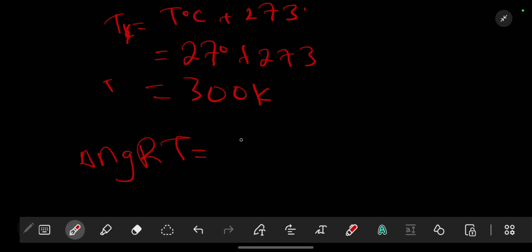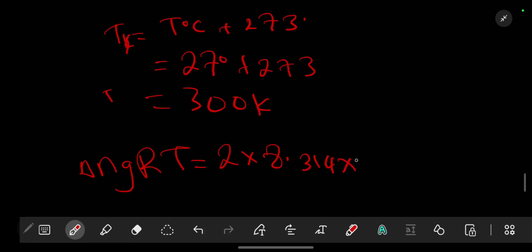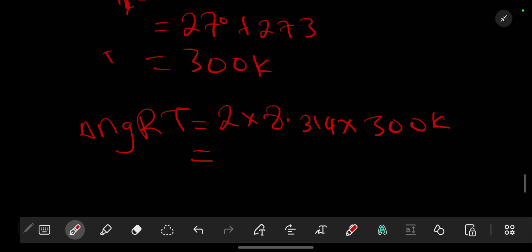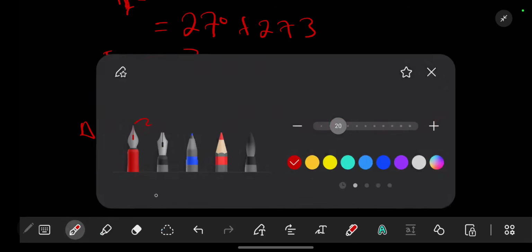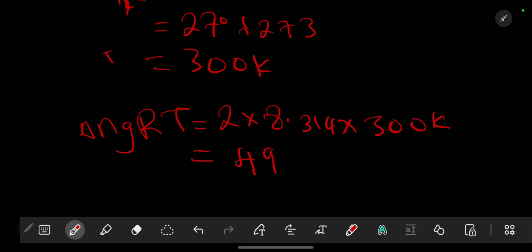So with that, we can now calculate the change in the number of moles of the gas times R times T, which will be 2 times 8.314 times 300 kelvins. This gives us 4988.4 joules.